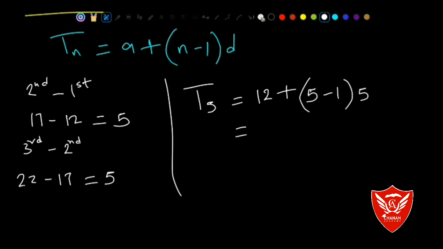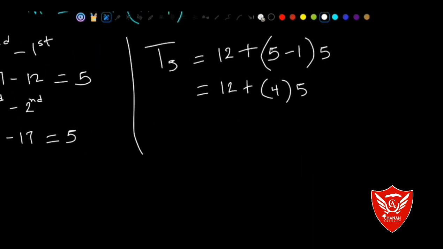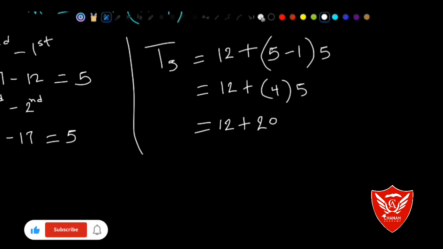So this will be equal to 12 plus 4 multiplied by 5. 4 multiplied by 5 is 20, and 12 plus 20 is 32. So the fifth term, that's T5, is equal to 32.